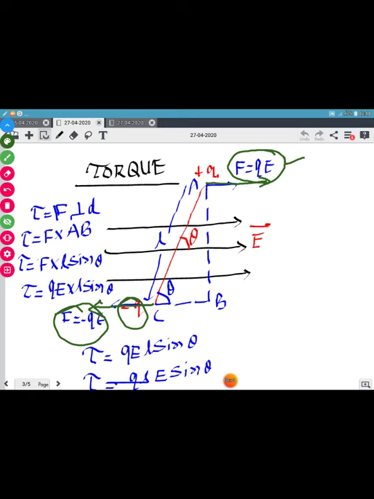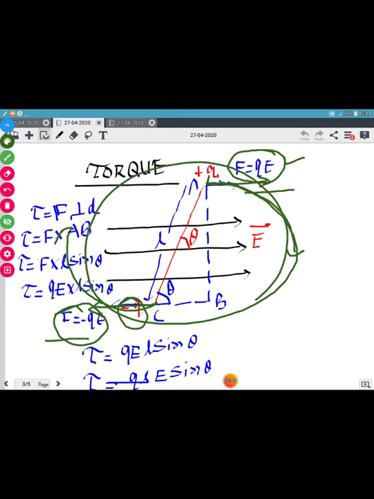Remember this thing: both forces are equal and opposite. Due to this, the forces tend to rotate the electric dipole in this direction, clockwise.